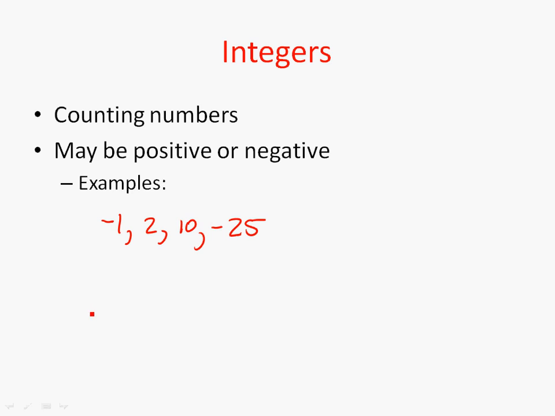All of those are integers. Something like square root of 55, not an integer. 3/5, not an integer. 2.1, not an integer. So as you can see, there's no fractions or decimals. They're just numbers that you would count with.